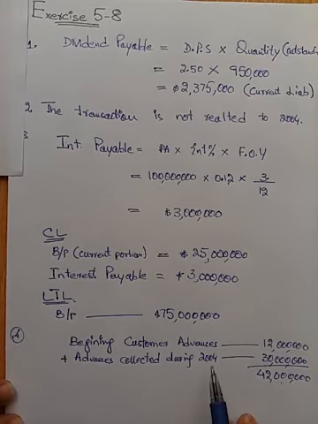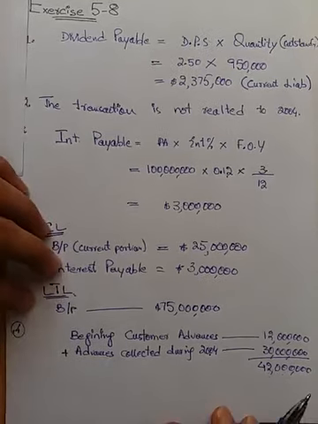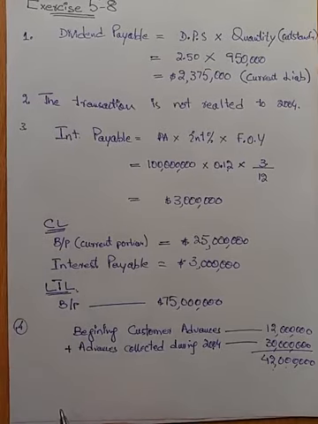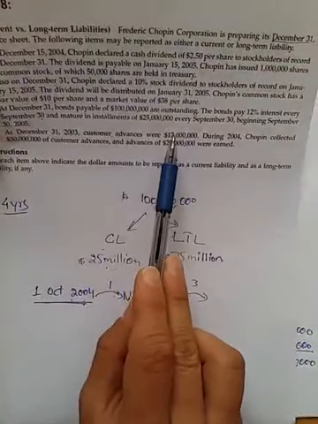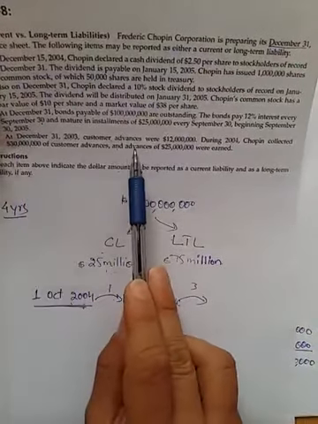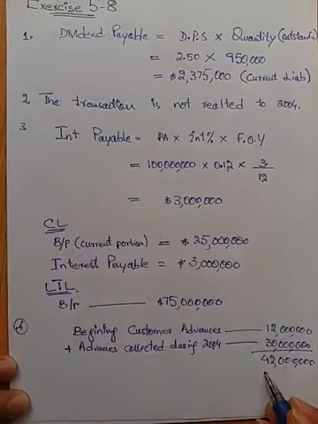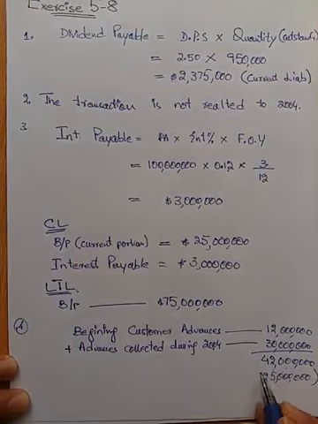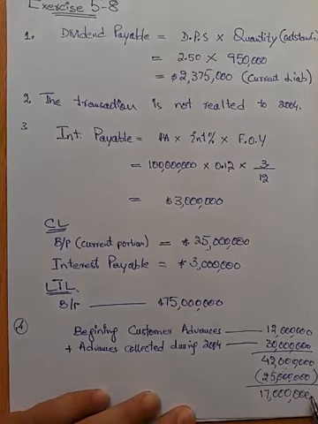Obviously, just as we are collecting more advance money from customers, some of this portion will be finished as well. So what is the earned portion? Because if we are offering services, it becomes earned. So 12 million in the start, 30 million during the year, and the advances of 25 million were earned. It means out of 42 million, $25 million advances were actually earned. The remaining advances are left, which is $75 million.